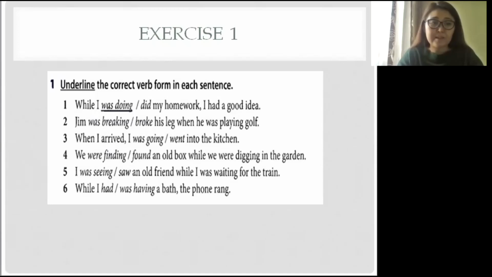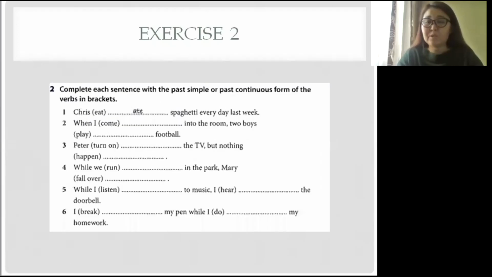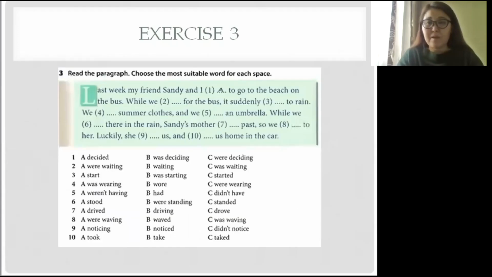In the second exercise, you should complete each sentence with the past simple or past continuous form of the verbs given in brackets. And the third exercise, where you should read the paragraph and choose the most suitable word for each space. Please do these exercises and send them to my email.